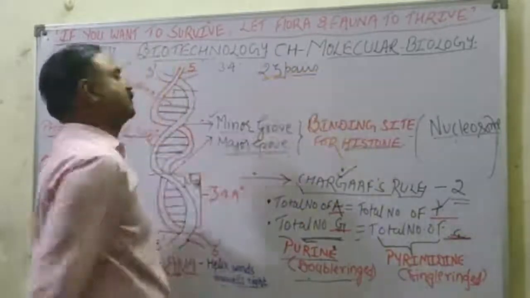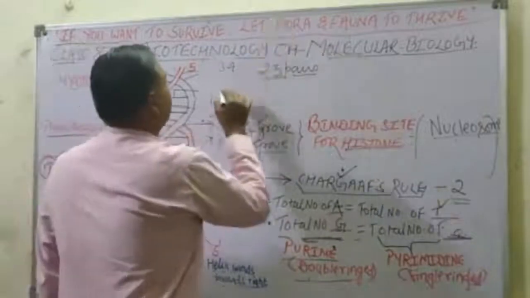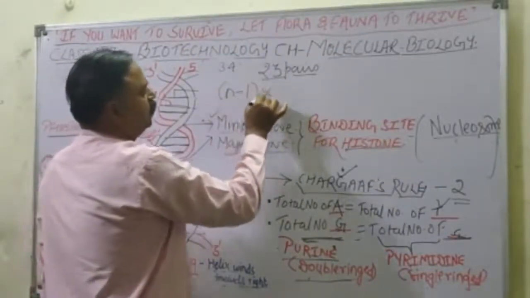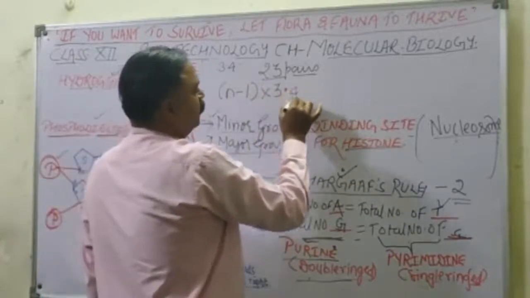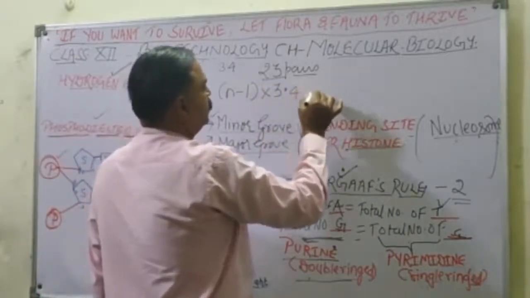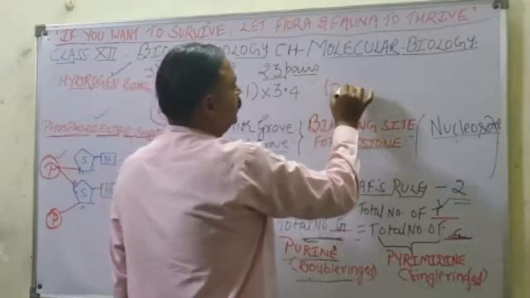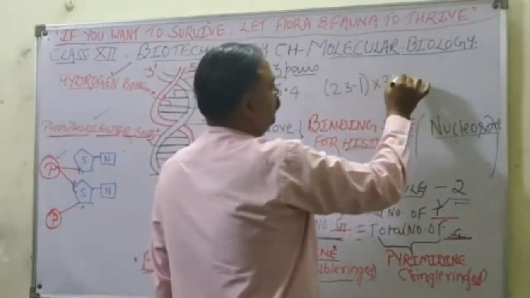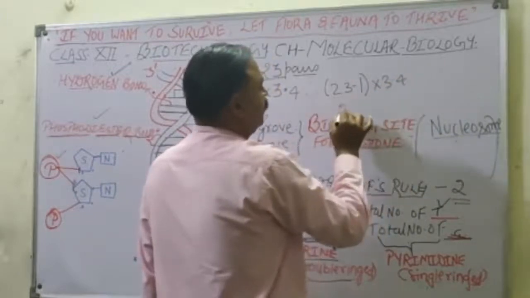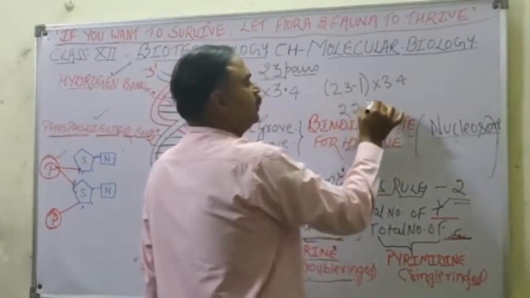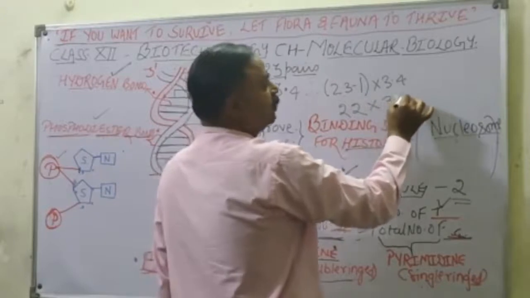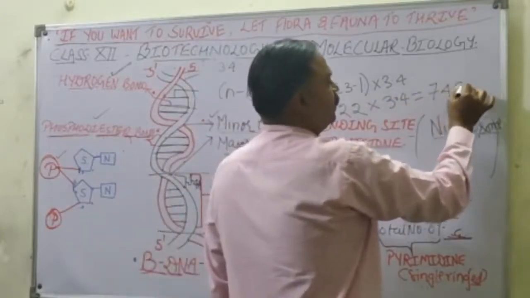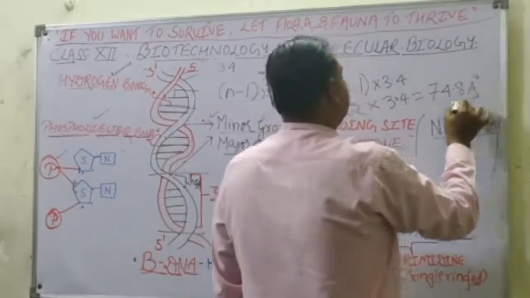For that there is one formula, that is (n minus 1) into 3.4. Therefore (23 minus 1) into 3.4, that is 22 into 3.4, which is equal to 74.8 angstrom.